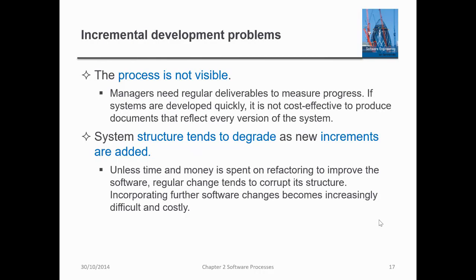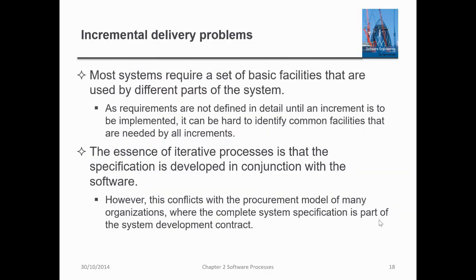It's like a house. If you built your house for just a roof and then you want to put a second story on it, your structure has not been built to support that extra weight, and it can all come crashing down. So in an incremental development model, you have to make sure you're investing in that infrastructure so that your software will be able to continue to grow and evolve and not become unmanageable.